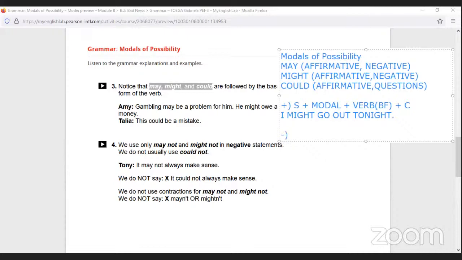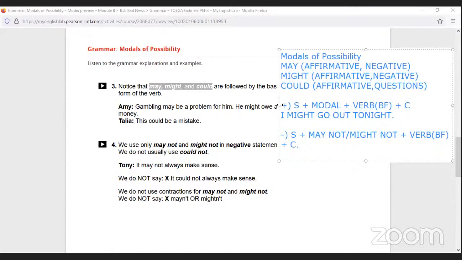Negative, it's gonna be the same. Subject plus may not, or might not. Okay, only these two. Of course, the verb, as we were saying, the verb in base form plus the complement.